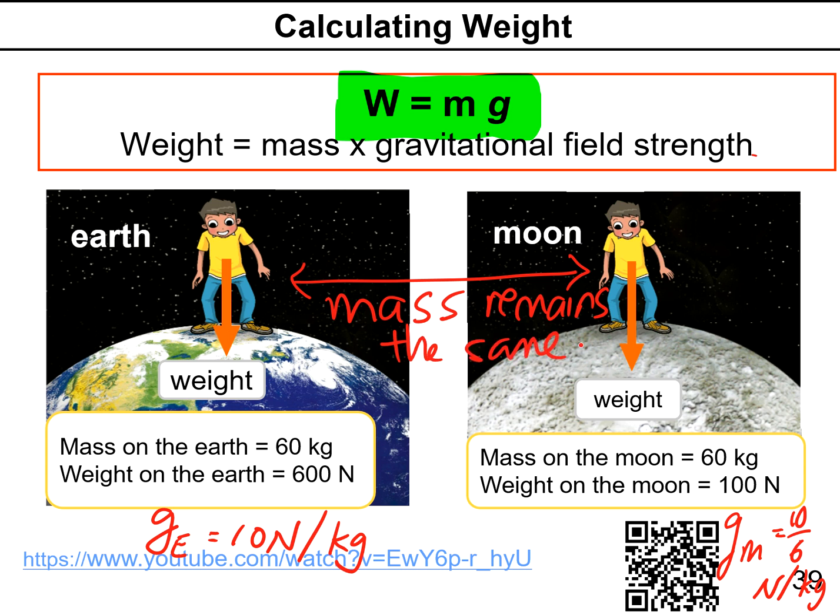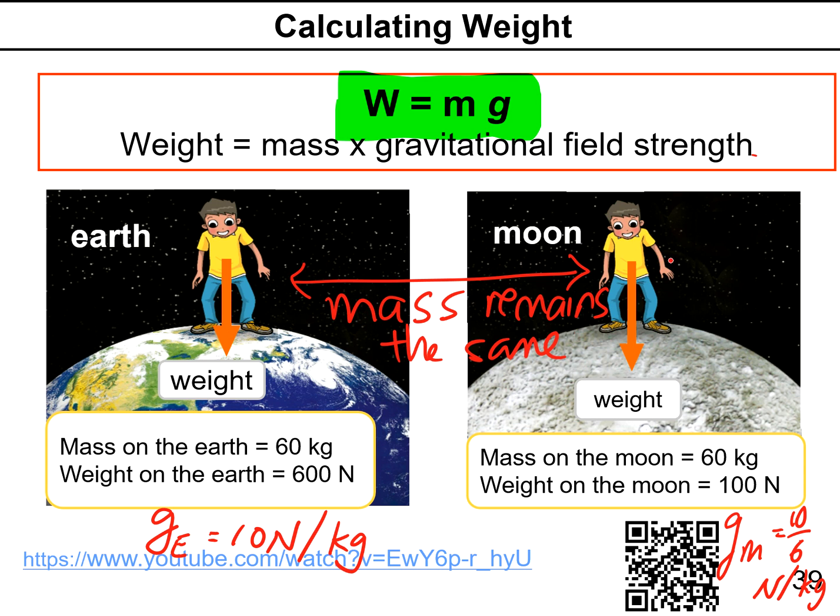Because remember we said mass is the amount of substance? The number of molecules and atoms inside your body don't suddenly disappear or multiply just because you go to a different place. So you are still the same person. Your mass will still remain the same, regardless of the location that you are in.